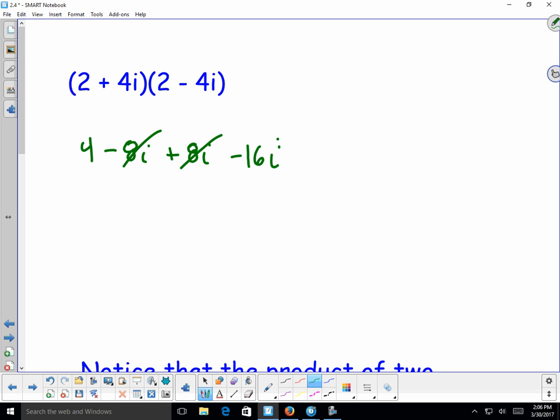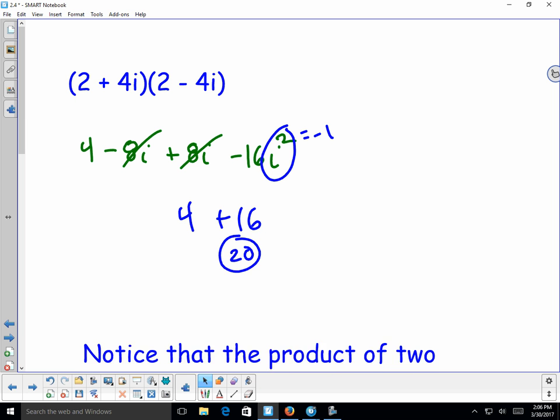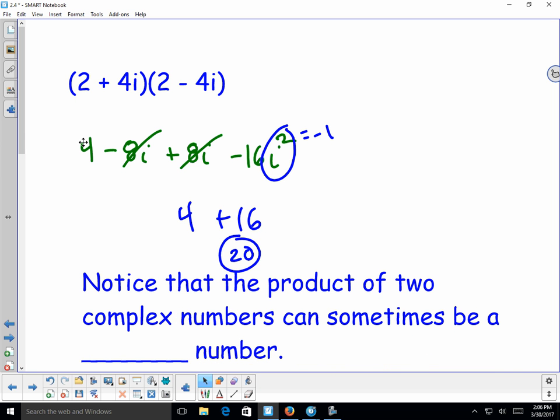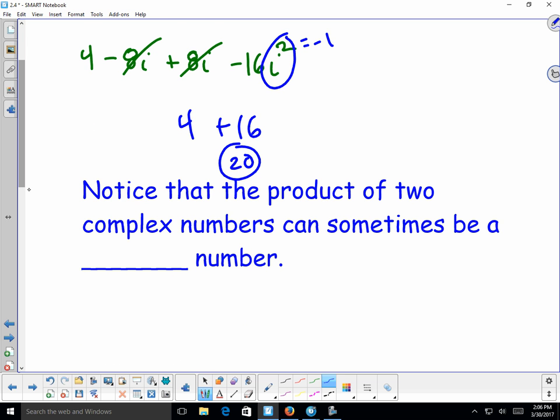That's i squared, so this is equal to negative 1, so I get 4 plus 16, are we getting 20 as our answer? Okay, so what I want you to notice is that the product of two complex numbers can sometimes be a real number.